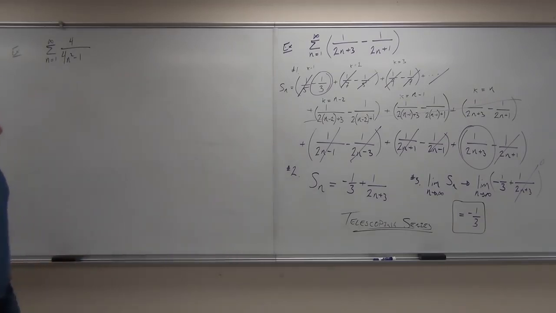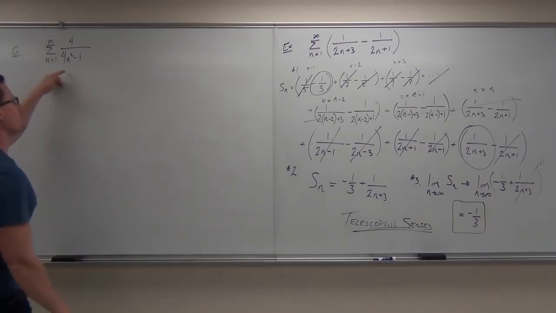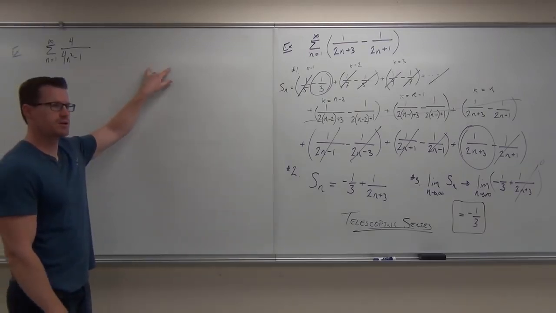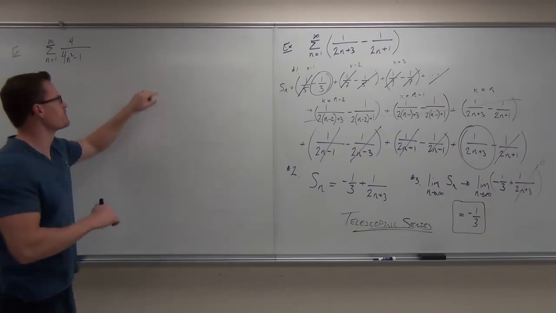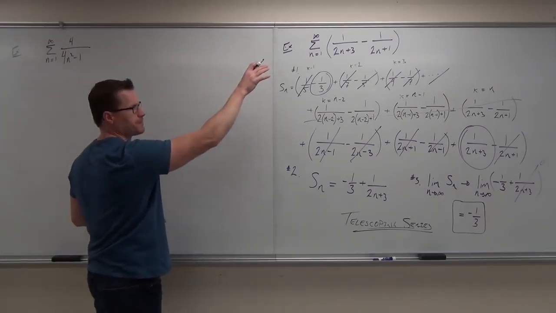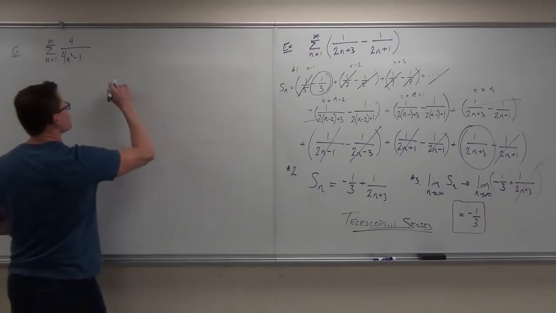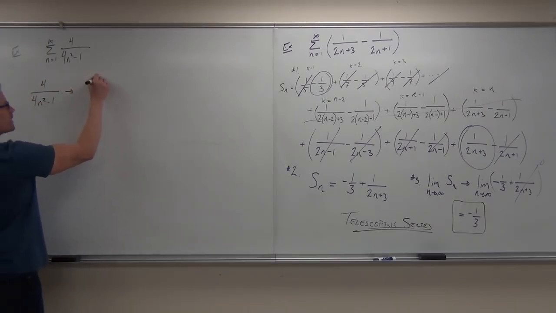Now, because we know that telescoping series usually works with two fractions, I might be able to write this out and find a pattern for the series. But oftentimes it's easier to try to create a telescoping series. So we're going to take this 4 over 4n squared minus 1, and I'm going to try to factor that.